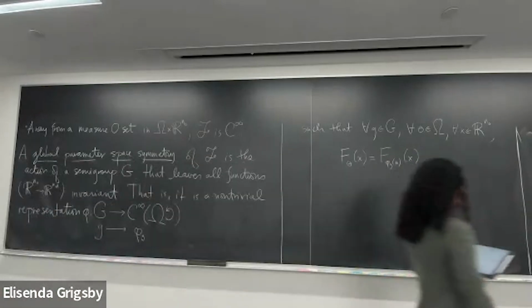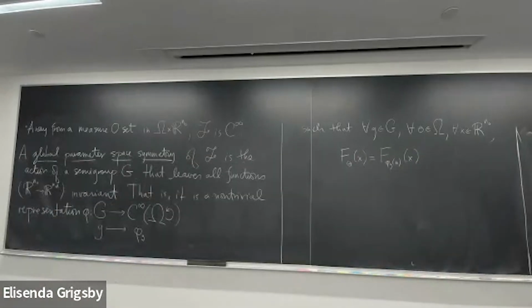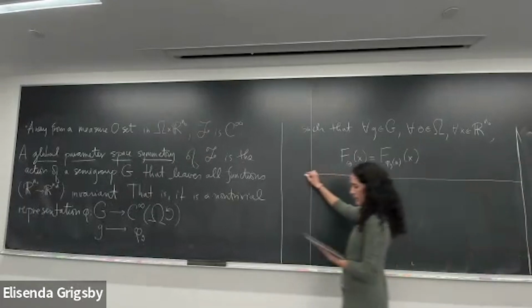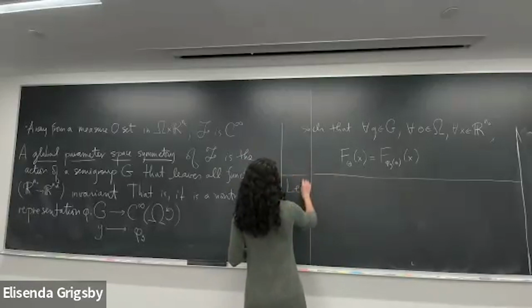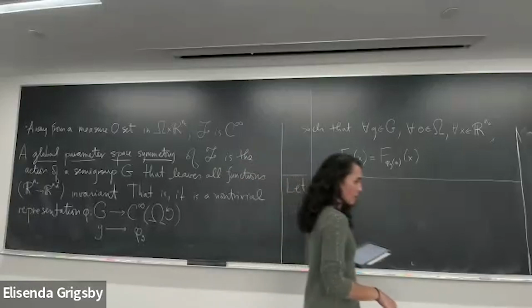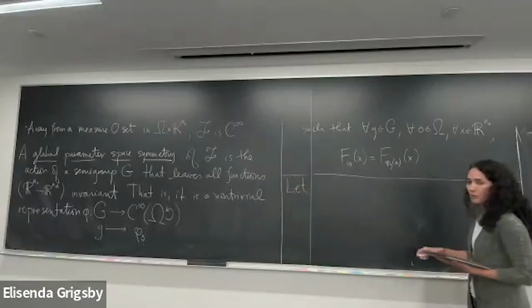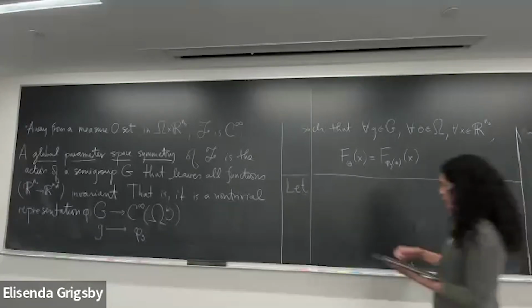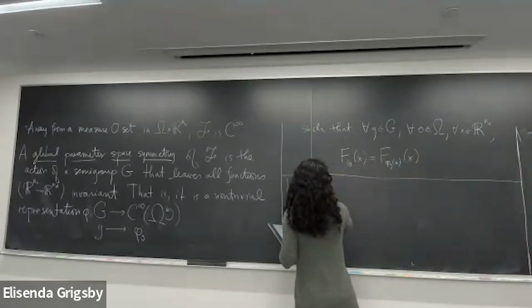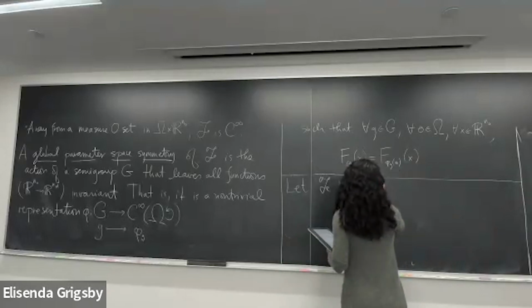Okay, so let me start with a warm-up example. So far we've been talking about neural networks. Let me start with the simplest example of a neural network, even simpler than ReLU neural networks. So this is the class of linear neural networks.